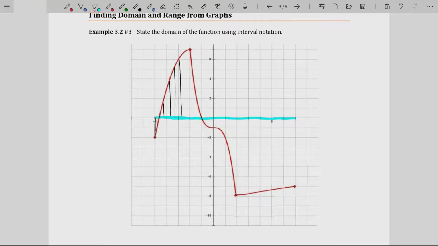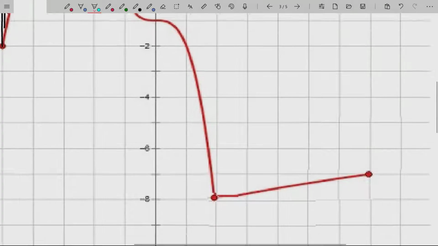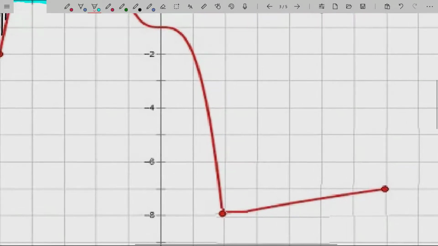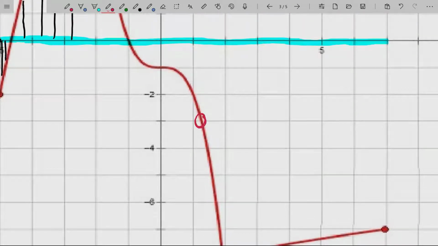Now, just because I think this function is a little too easy, let's pretend for a moment that there was a hole in the graph right there. So there was a blank spot right there. Then how would you note that using the shading? And by the way, the shading is not an official way of doing this. It's not that this is acceptable for your math professor. It's just a way that you can kind of get the job done.